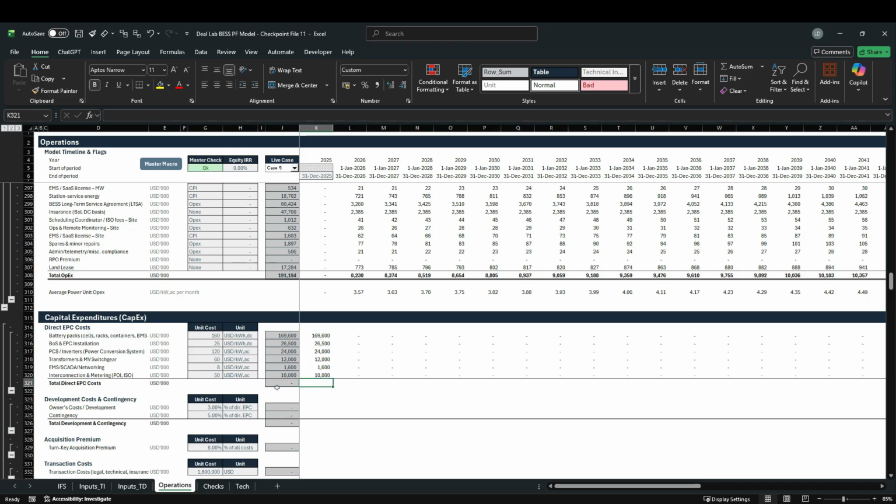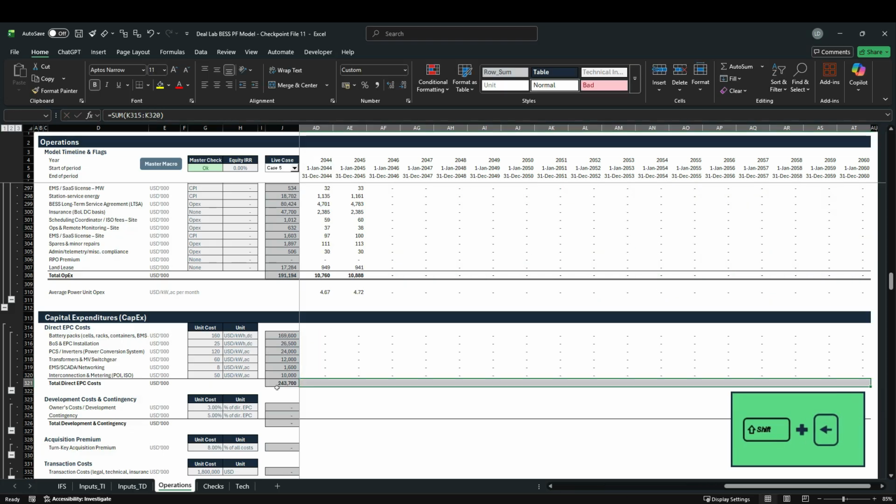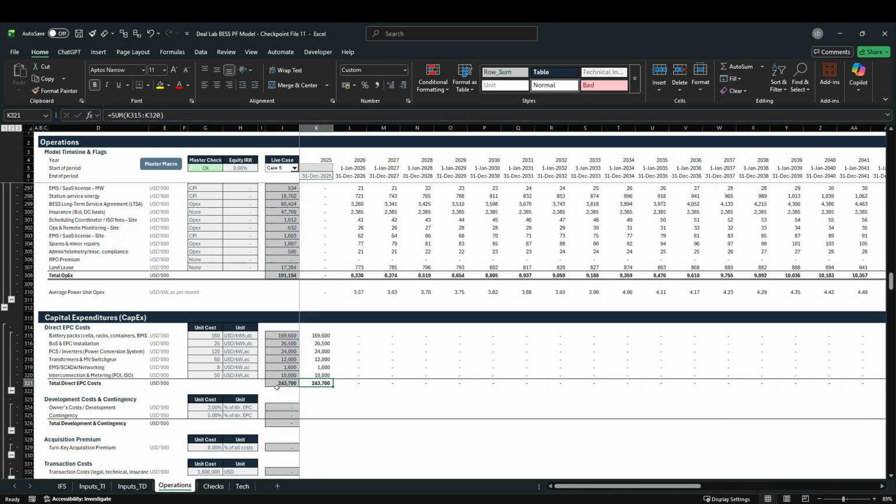Then let's take the sum of all of these direct EPC costs and let's drag this one over, Control R. And you can see that our direct EPC cost for case 5 is going to be 243.7 million USD.